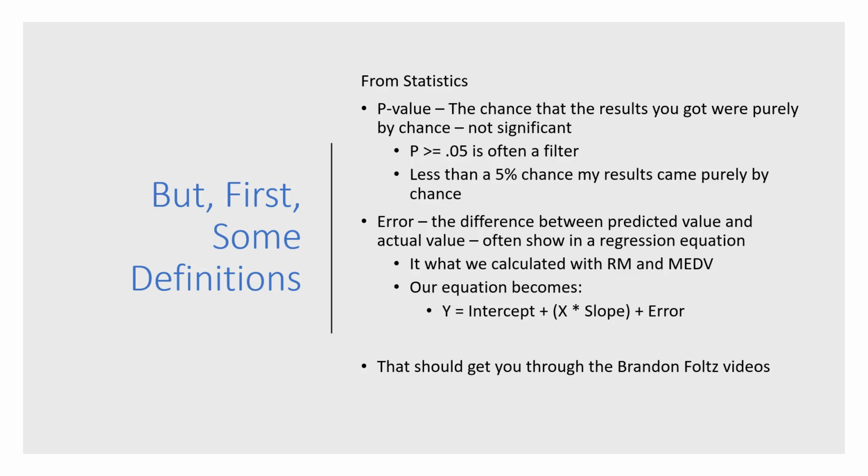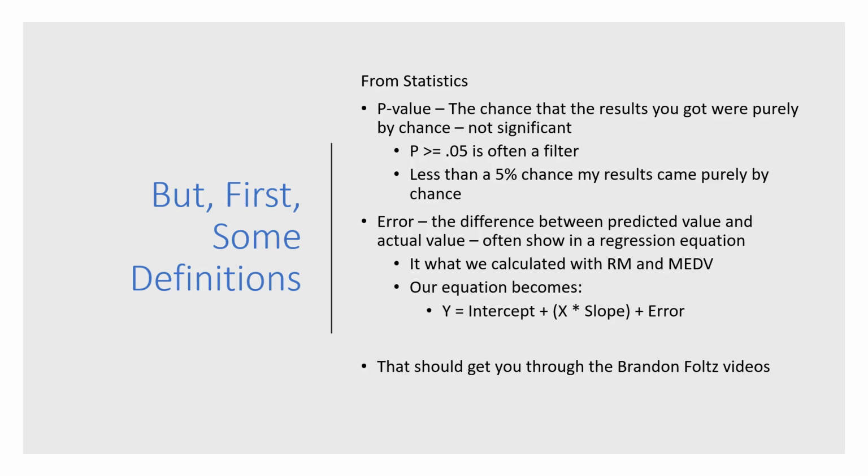Error is the difference between the predicted value and the actual value. When you have the predicted and actual values, you can calculate your error. It's often shown in a regression equation. So it was there when we calculated the linear model with RM and median value, and our equation becomes: y, your predicted y, is equal to your intercept plus your predictor variable, which is x, in this case that would have been RM, times slope, plus error.